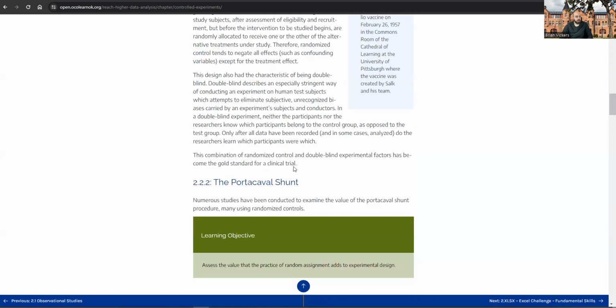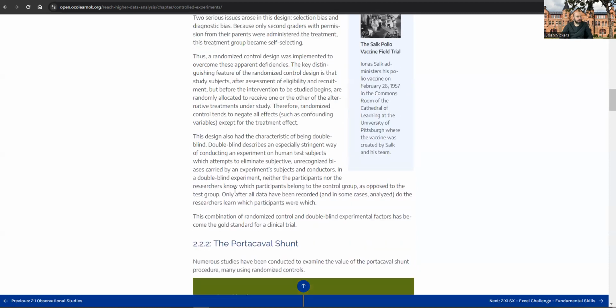Same thing with the design issues there, but just the way that they were able to ensure that there was no bias involved, that no one involved knew which ones were part of the control group until it was over, until after all the data was analyzed. But the data was recorded prior to knowing that, so there was no possible influencing on the outcomes until after the data had been analyzed.